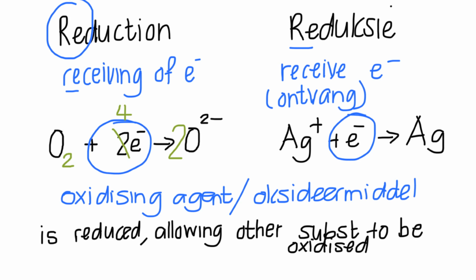Afrikaans, 'n oksideermiddel word self gereduseer en daarom laat dit toe dat 'n ander stof geoksideer word. In other words, the oxidizing agent is the one who actually receives the electrons. Die oksideermiddel is die stof wat self daai elektrone gaan ontvang. Met ander woorde, die oksideermiddel is die suurstofatoom of die Ag+ kation.